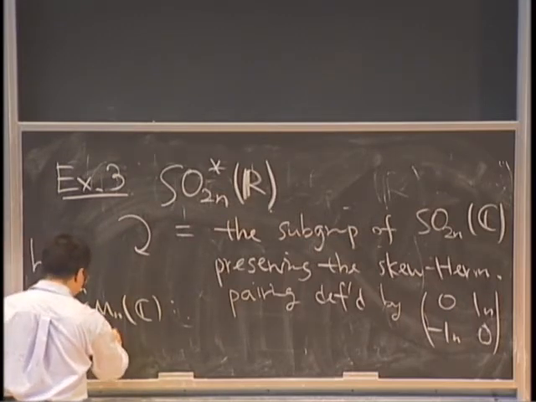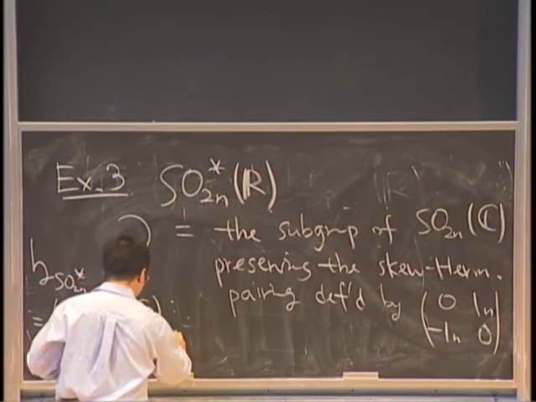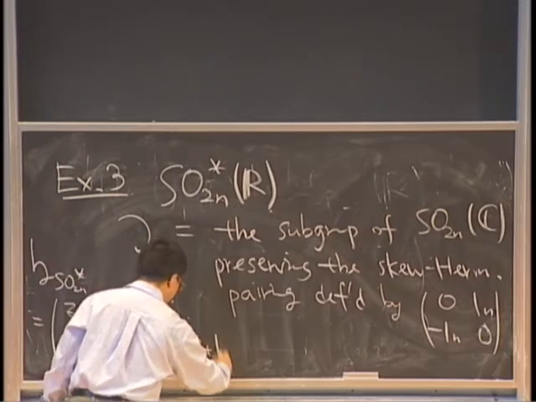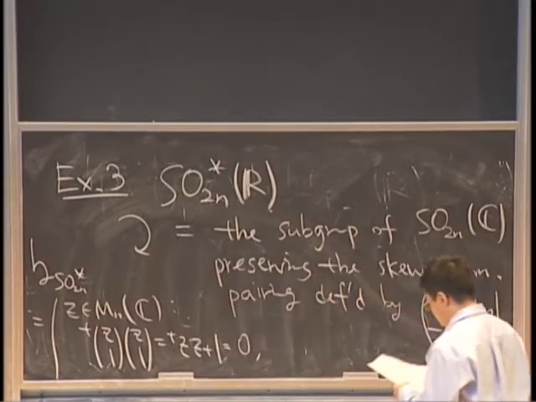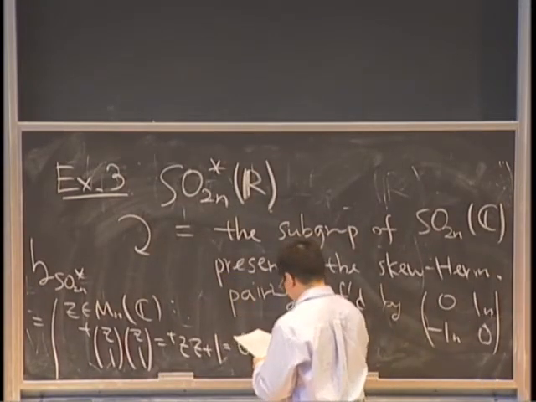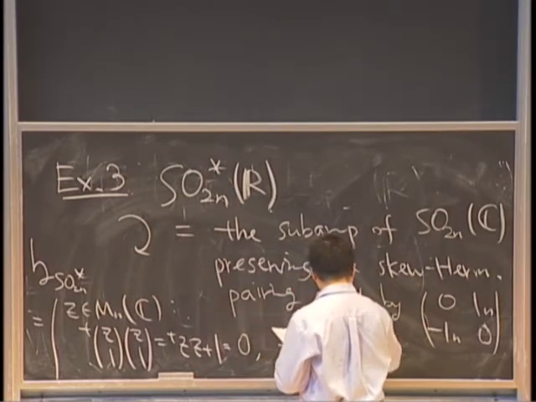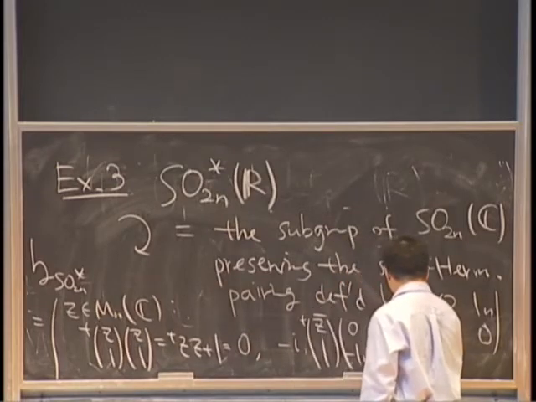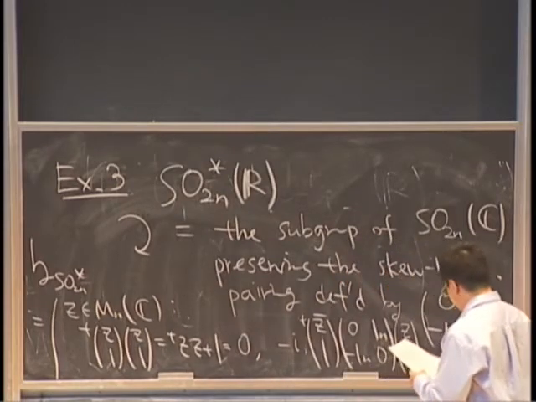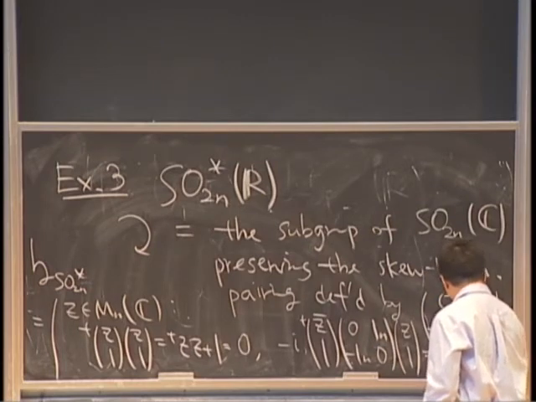The first one is sort of the orthogonal group relation. And the second one is the inequality, well, this is the imaginary part kind of thing.